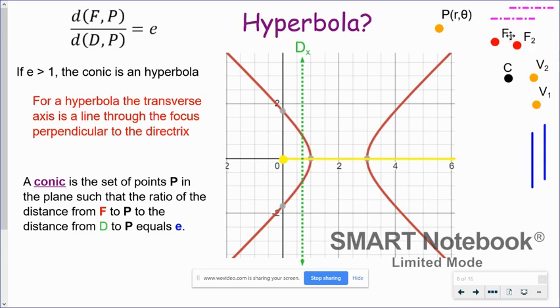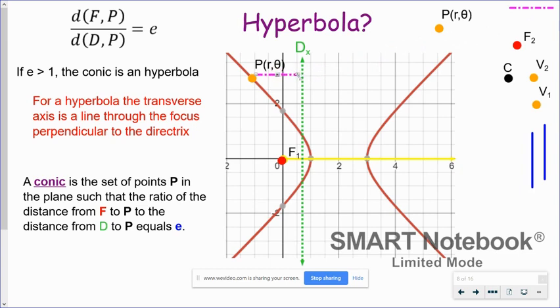So how do we always start? Well, this focus right here, we're always going to place on the pole. There it goes, just like that. And notice that when I grab a particular point on either branch of the hyperbola, I'm going to go with this one right here, and I evaluate the distance from here to the directrix.